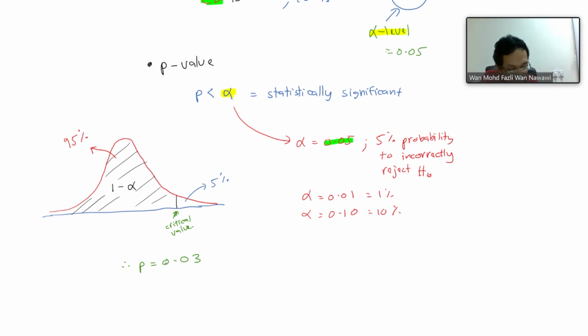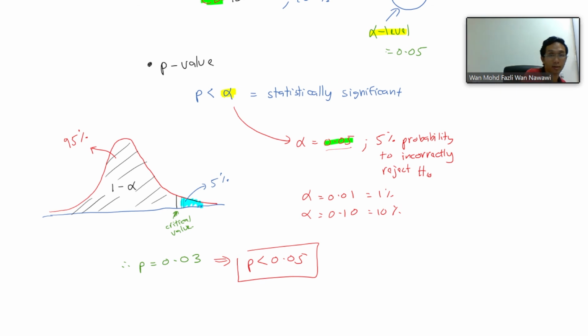So p equal to 0.03 is less than 0.05, which is the level that you put. Meaning that whatever effect or interaction you get lies somewhere here, because it is less than 5%.